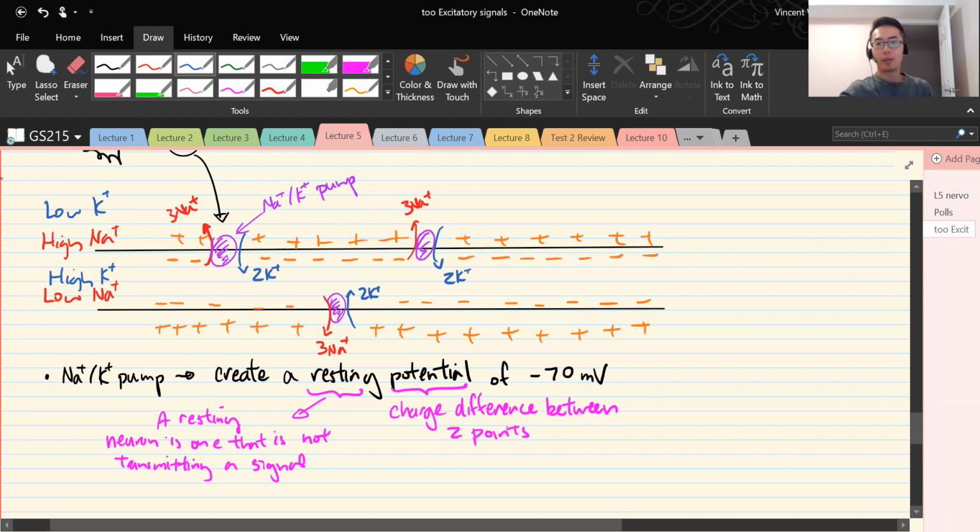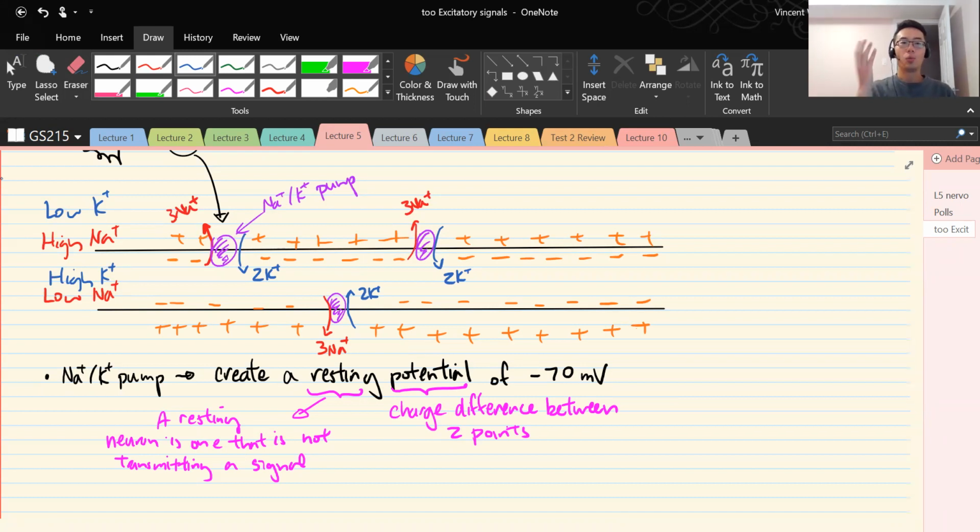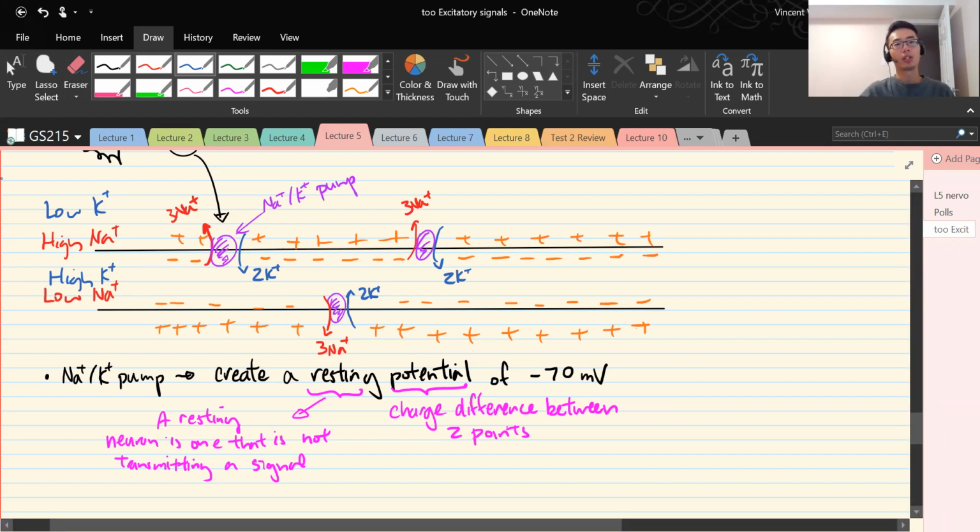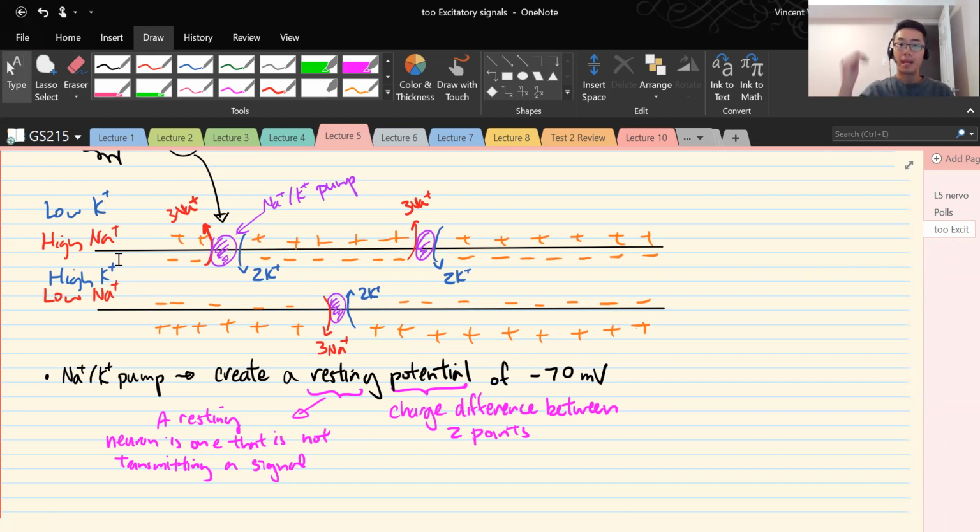So let me ask you a very important question. Which way would the sodium want to go if you let them do their own thing? Okay, so ignore the pump for a second. If you let the sodium move on its own, which way does it want to go? Does it want to come in or does it want to go out? Inside?